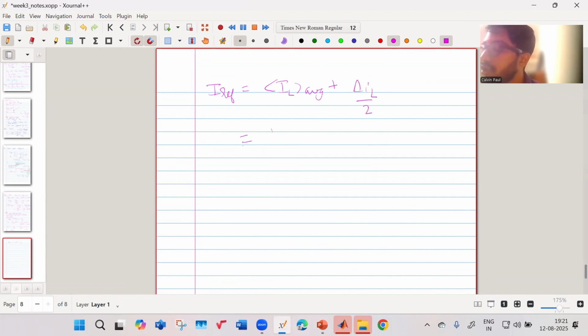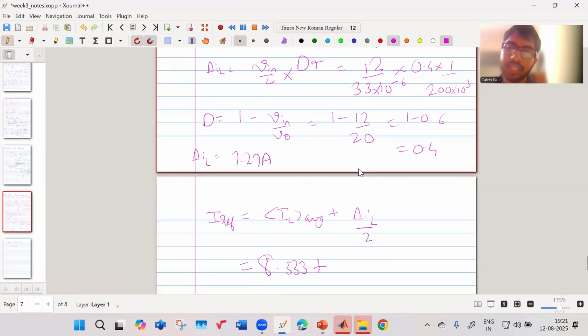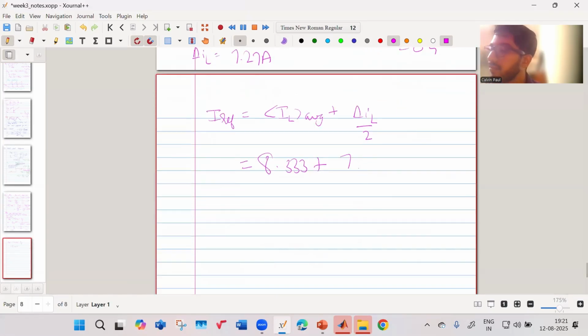Your IL average is 8.333 plus delta IL, let us say 7.27, upon 2. So how much does this become? 11.97. Okay, so approximately 12 ampere. This is the reference that you require.